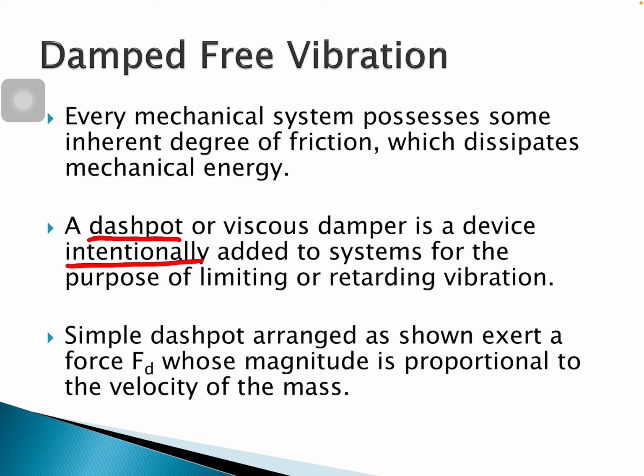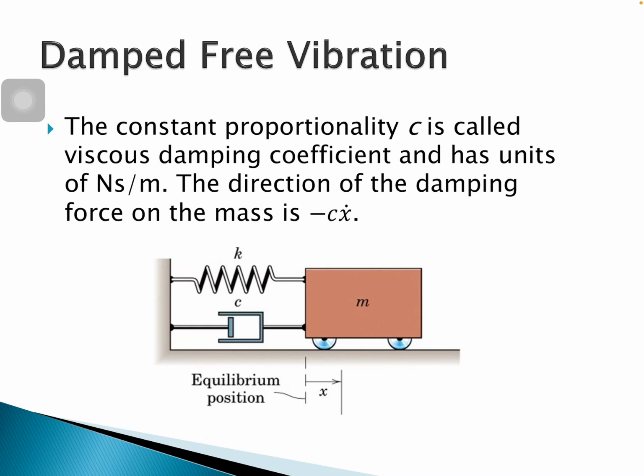Alright. A simple dashpot is shown as a force whose magnitude is proportional to the velocity. We have learned about this, where the dashpot or damper's force magnitude is proportional to the velocity of the mass. So we have a system right here with a spring, a dashpot and a mass.